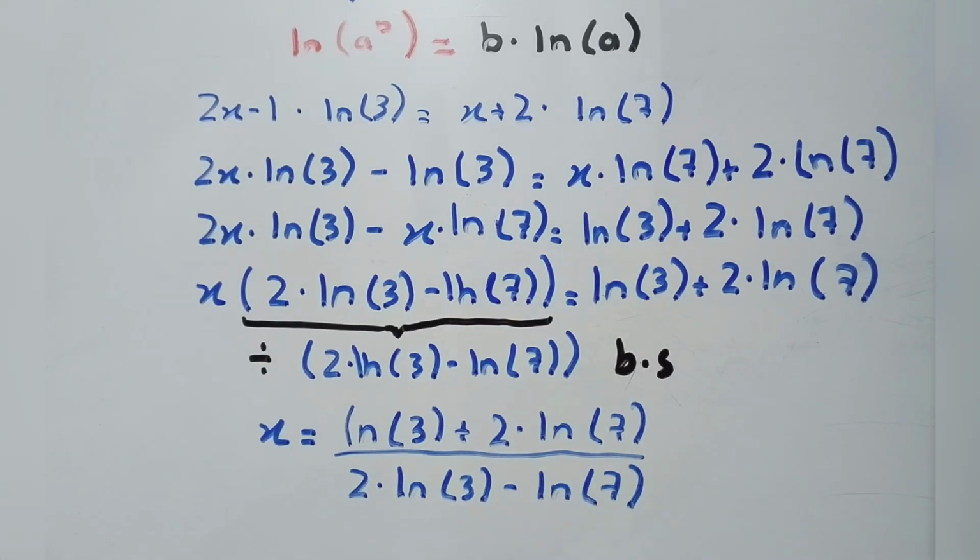The whole thing is now crystal clear in front of us after this step. This is basically our exact solution, but we have to find a proper answer of this equation.